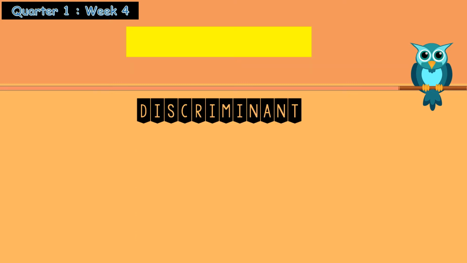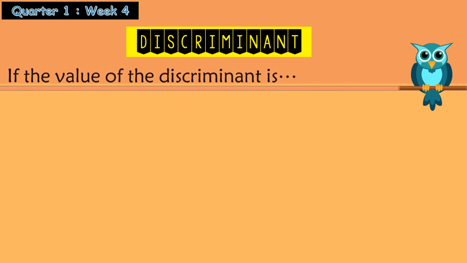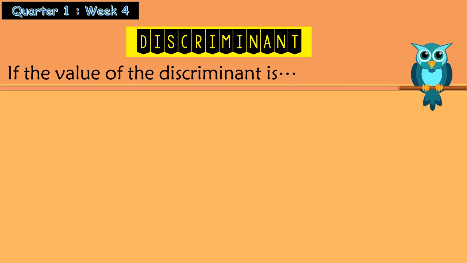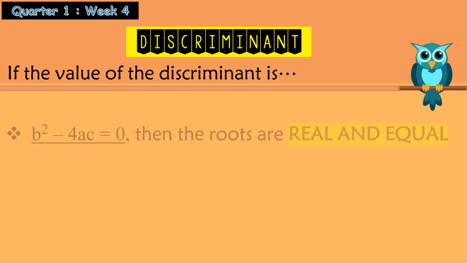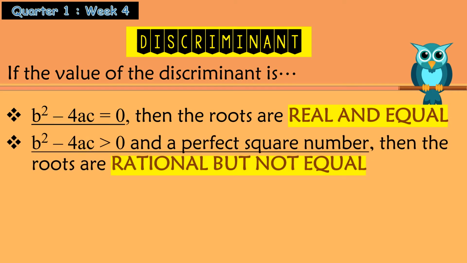First is by simply always remembering these four different conditions of the value of our discriminant. If the value of the discriminant is equal to 0, then the roots are real and equal. Next, if the value of our discriminant is greater than 0 and a perfect square number, then the roots are rational but not equal.